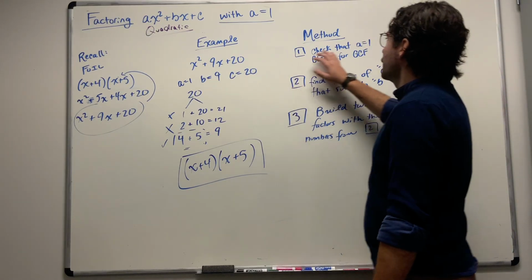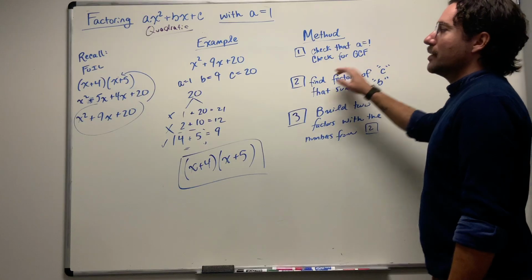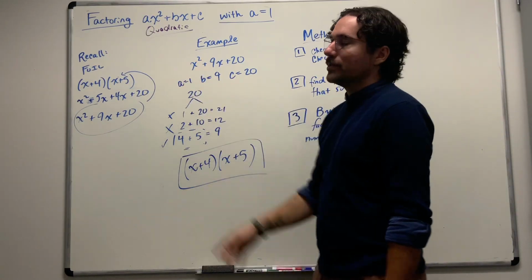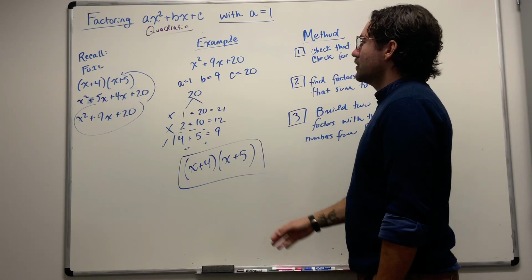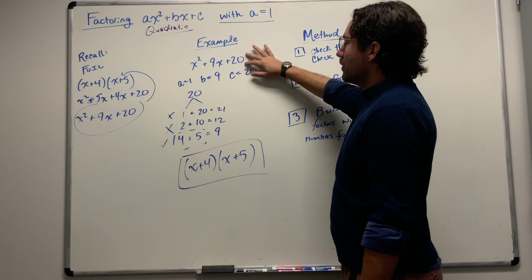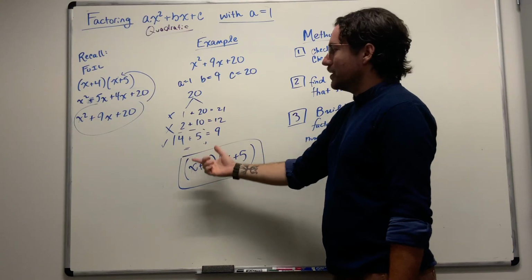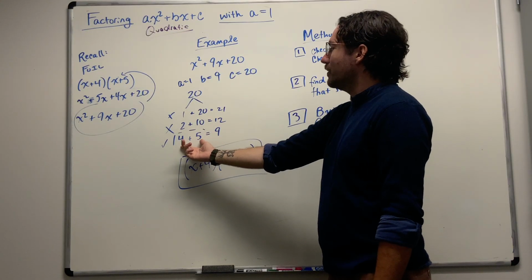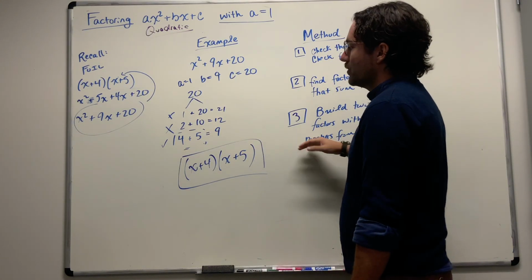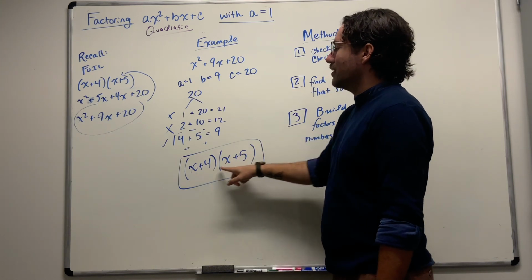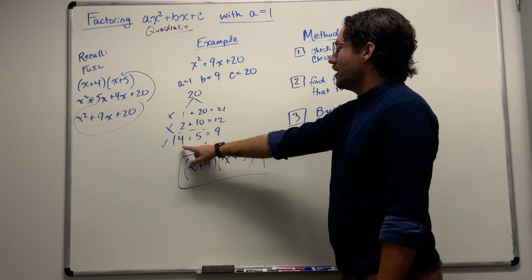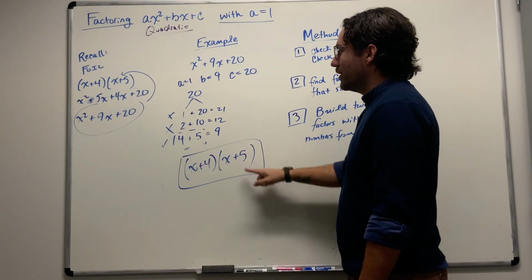So I checked first that I do have this special condition that there's no number in front of my squared term. Then I found 2 numbers that multiply to my third term that add up to my middle term. In that case, might take some guessing and checking, but we found the numbers 4 and 5. Then I can jump straight to building my 2 factors with my variable to the first power, and then I'll place this number here and this number here.